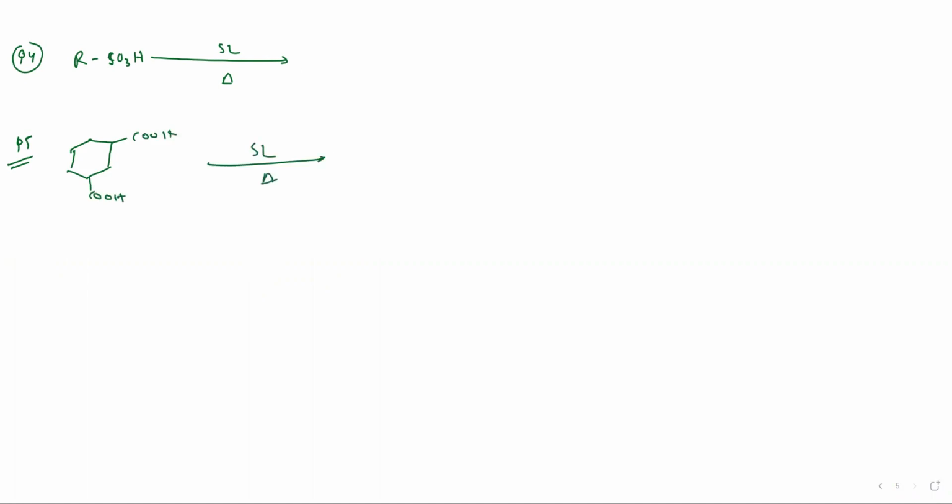Look, how can you solve? Just remove this one and the other two, just add H. We get RH like this. If more than one COOH or SO2H or SO3H is present, then more amount of carbon dioxide or SO2 or SO3 gas is removed like this way.